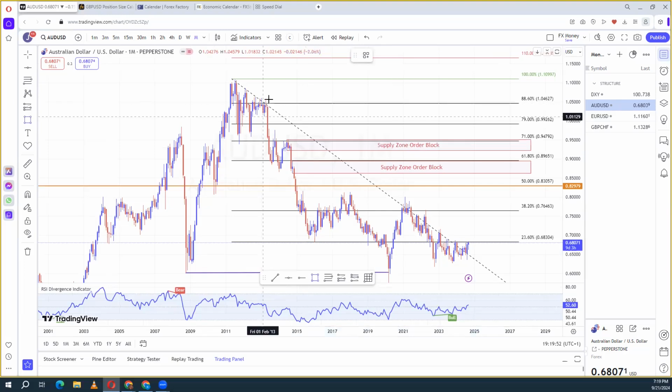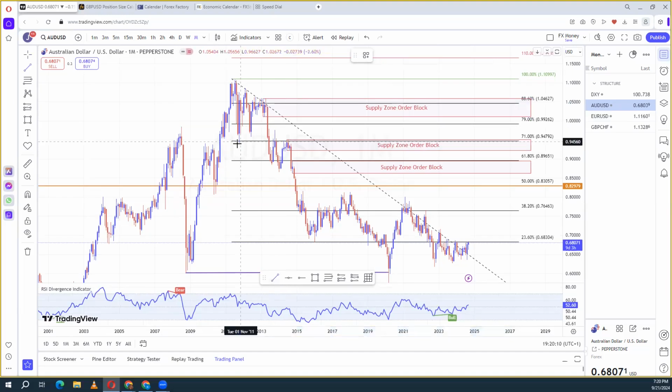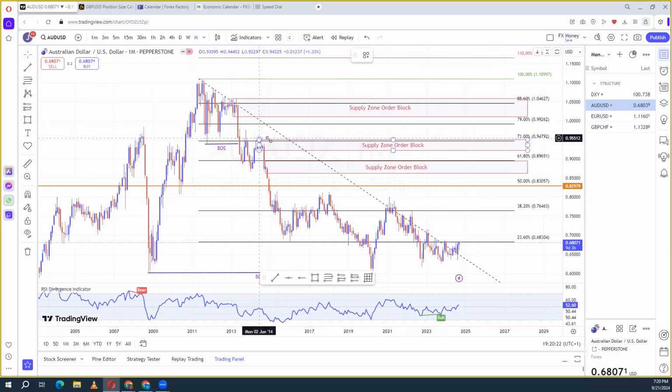And if you are going to ask me, the one I think the market might come for the most will be this one, because even after this high was taken out, when this low was broken, the market has not filled up this gap right here. So it can use this as inducement before going down.